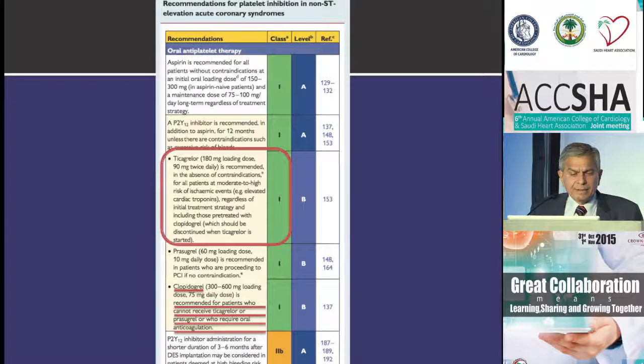In the American guidelines, the AHA guidelines, ticagrelor is preferred over clopidogrel for patients treated with an early invasive strategy.